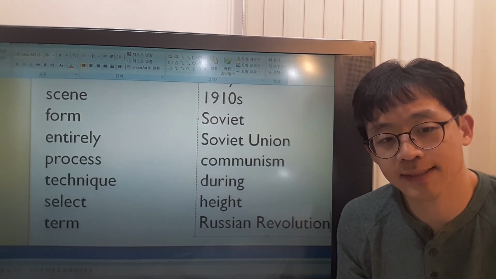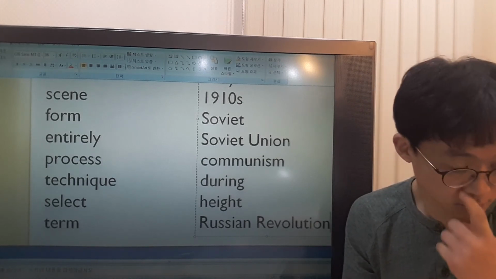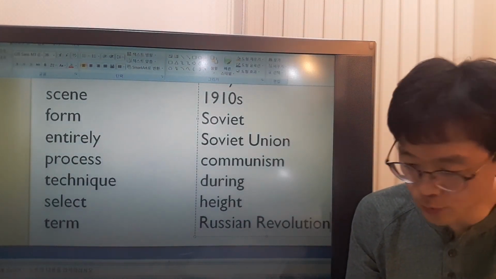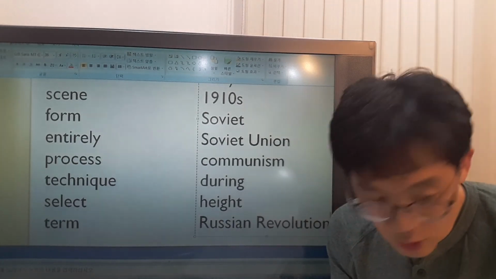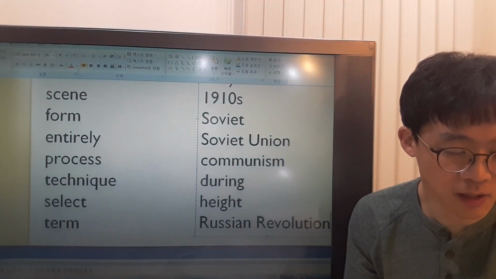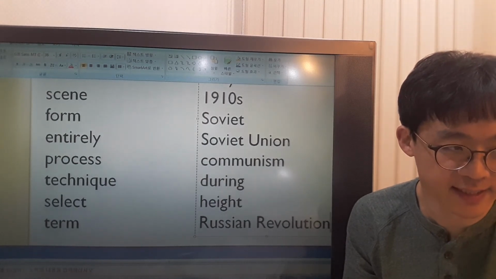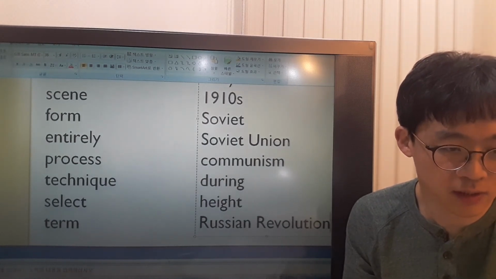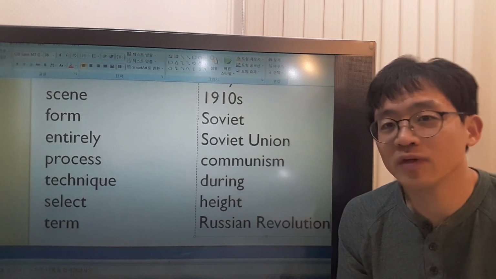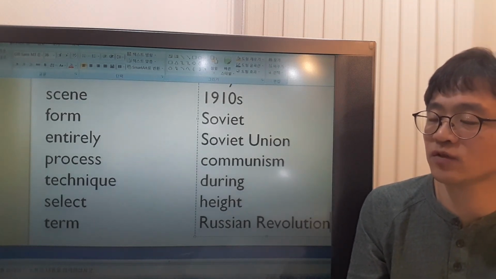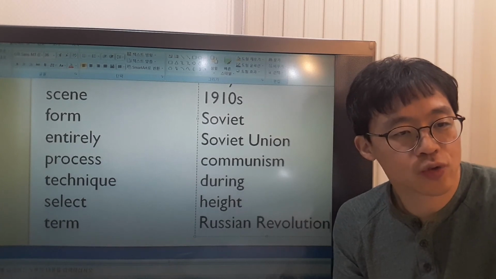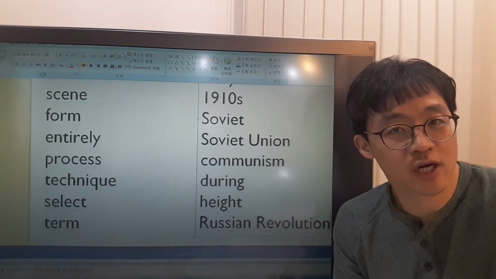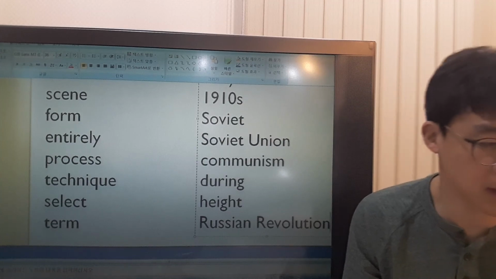Do you understand? They are the communist people. The Russian Revolution is that uprising in 1917. Okay? What is revolution? Revolution is a successful attempt by a lot of people to change the political system of their country by force. Okay?